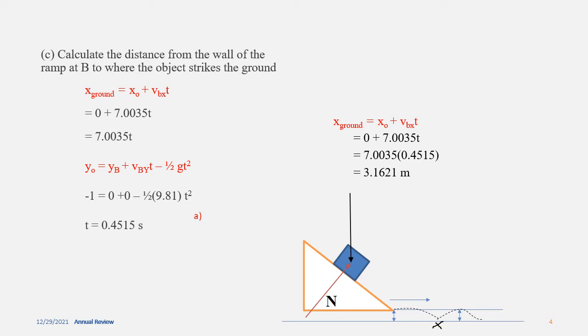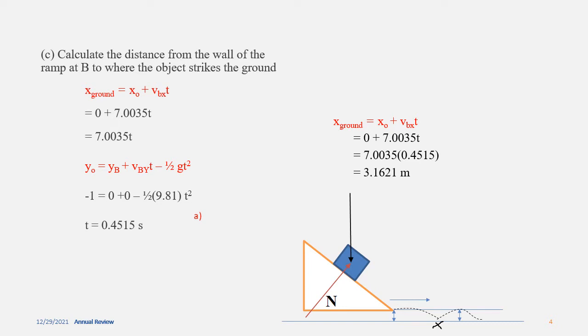X naught is 0 because the initial x here is 0. From the previous calculation, we got VBx equal to 7.0035 t. Then to find t, we need to use another equation.